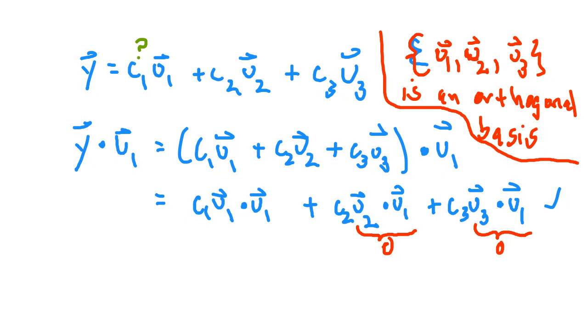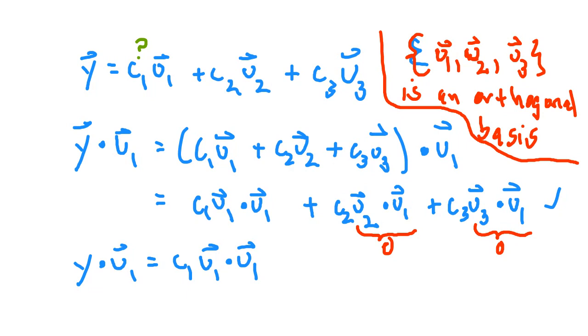So that means all that's left now is y dot u1 equals c1 times u1 dot u1. Okay, well, and of course u1 dotted with itself wouldn't equal 0.